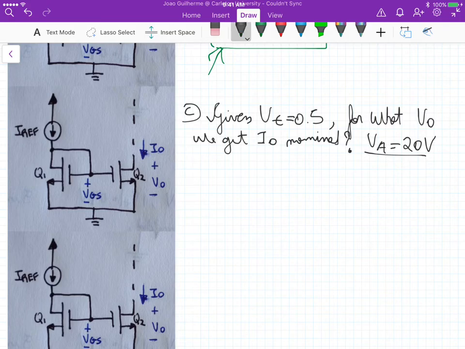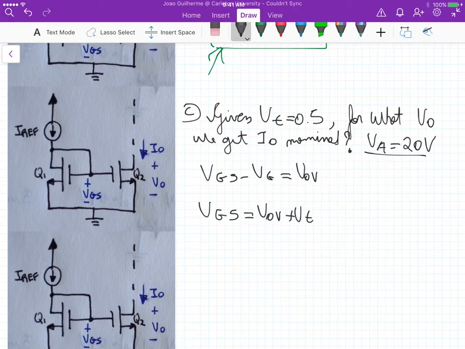We know that VGS minus the threshold voltage equals the overdrive voltage. So VGS equals V overdrive plus the threshold voltage, which is 0.2 plus 0.5. So VGS is 0.7 volts.